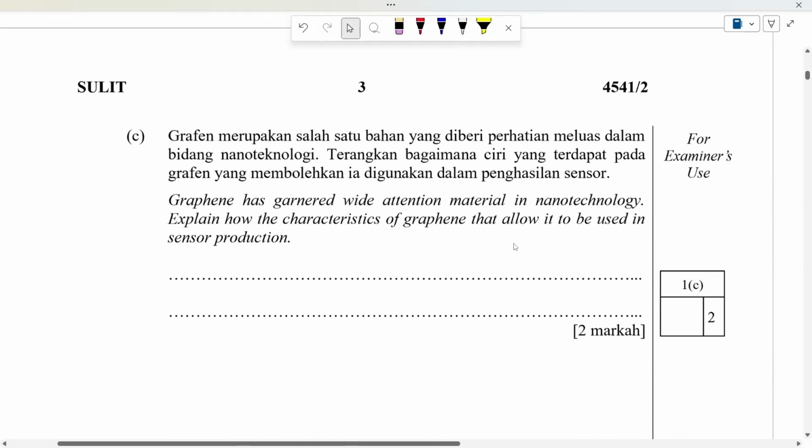Okay, so graphene has garnered wide attention as a material in nanotechnology. Explain how the characteristics of graphene allow it to be used in sensor production. So in a sensor, how can the graphene be used?